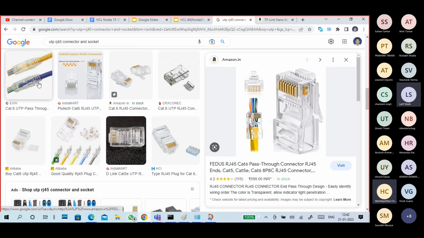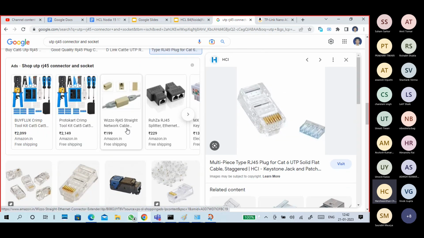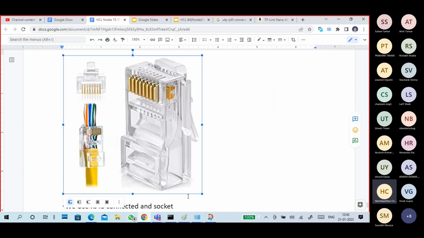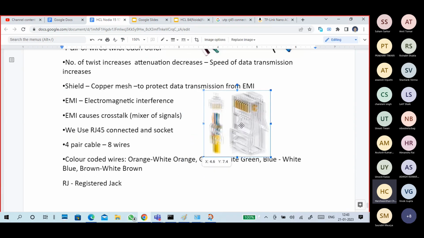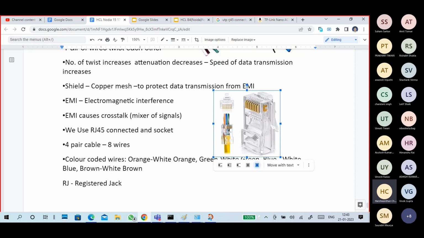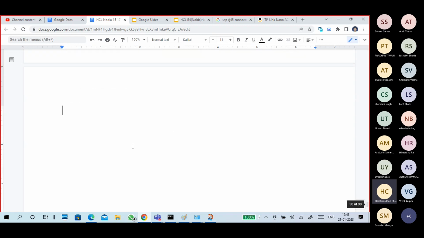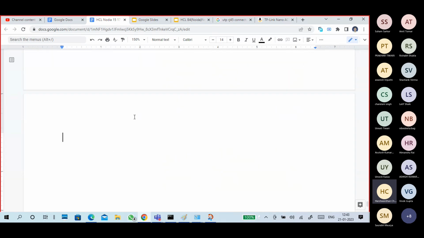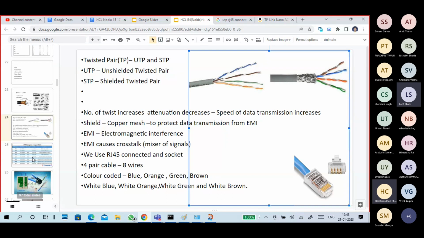Okay, guys, this is how the RJ45 connector is.